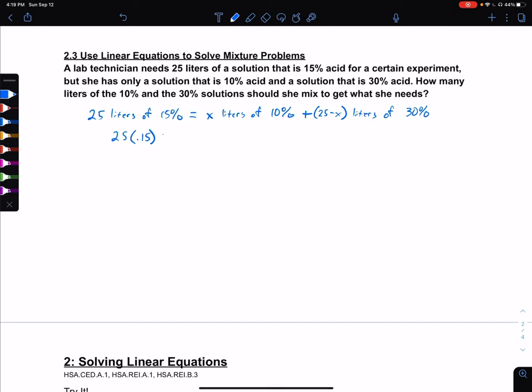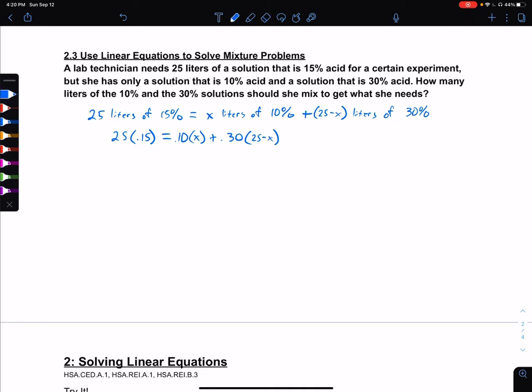And that's going to be equal to X times our 10% solution, which will be 0.10, plus the 30% solution, so 0.30, times the number of liters. These two steps are by far the hardest part of the problem: first setting it up in words and terms, really determining what your original equation is, and then actually forming the algebraic version of it. Make sure that you turn the percents into decimals.